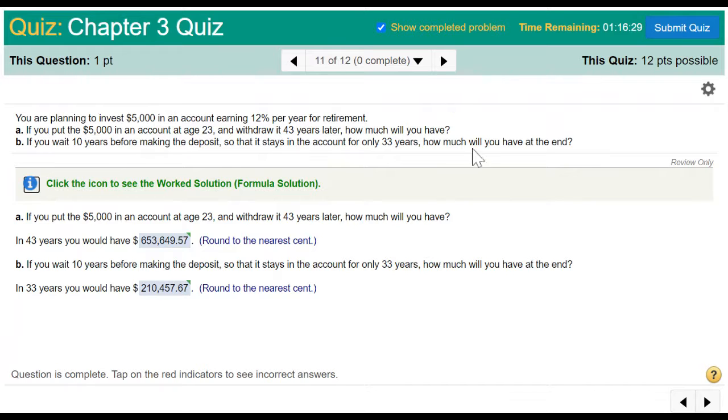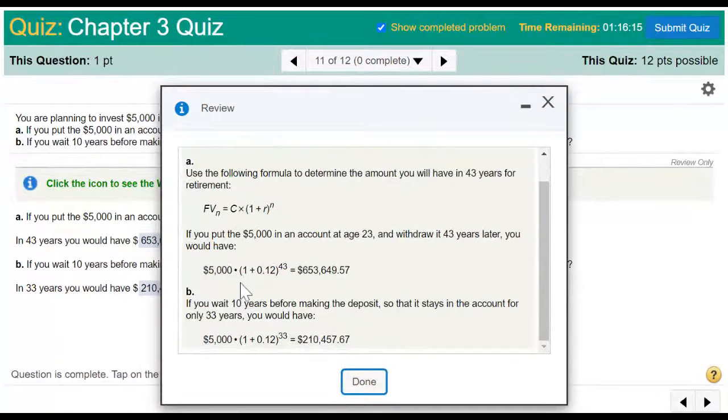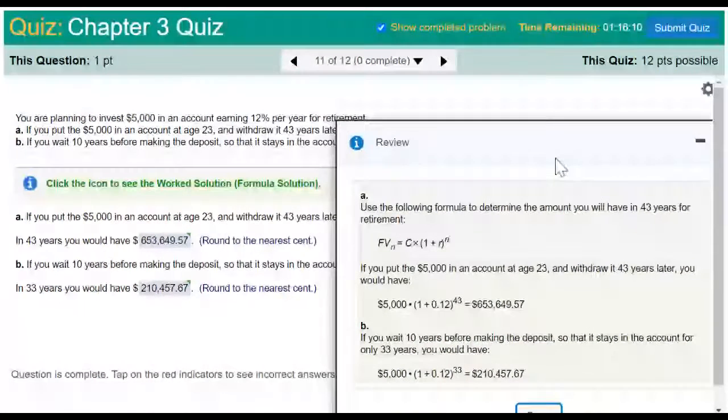Professor, can you please explain because my answer is not coming up 653. You're not coming up with 653? All right. You see this right here? This is the same thing. So look, N equals 43. IY equals 12. Payment is negative 5,000.